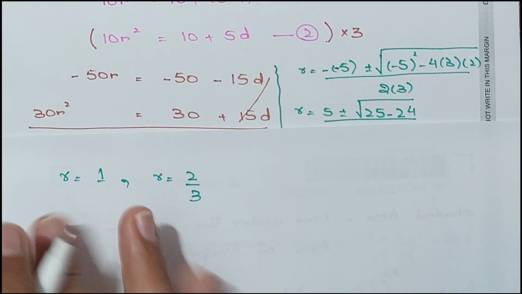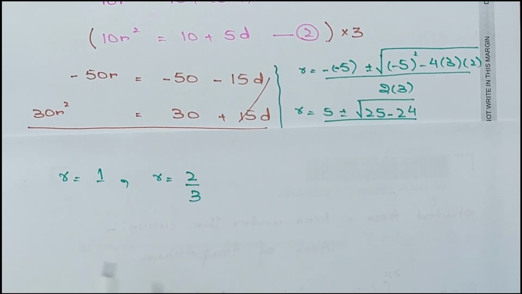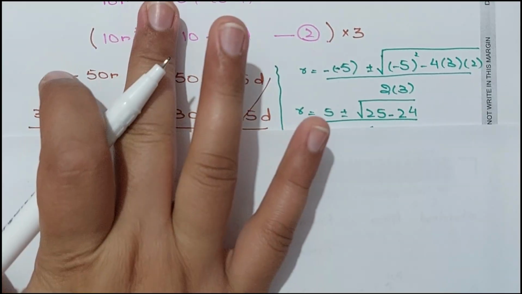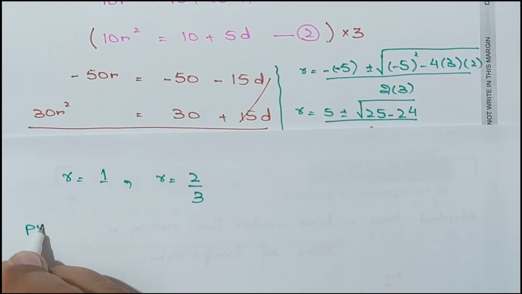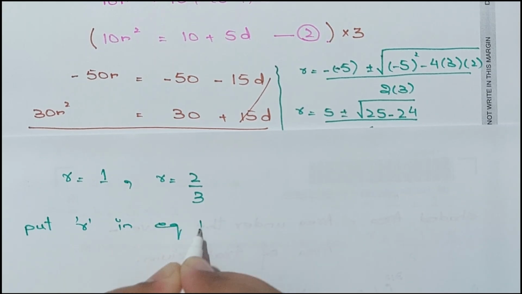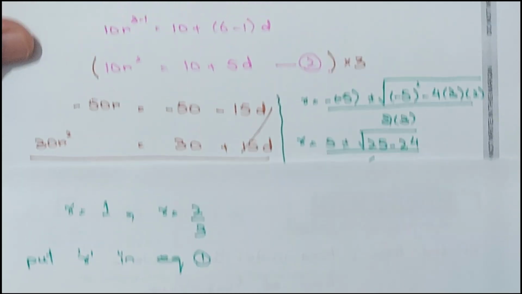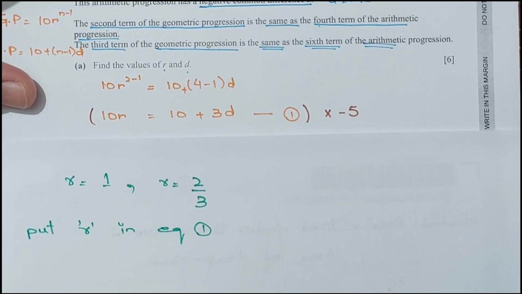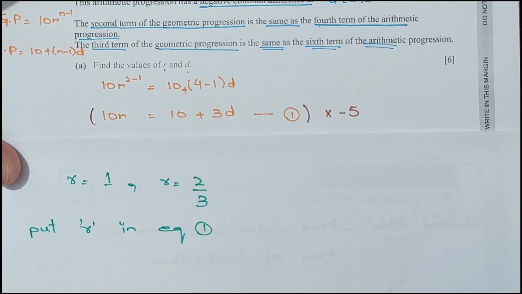Let me solve for the d value for these two r's. For d, we can use equation 1. Put r in equation 1. Here is equation 1: 10r equals 10 plus 3d.